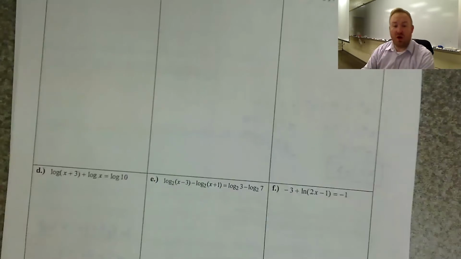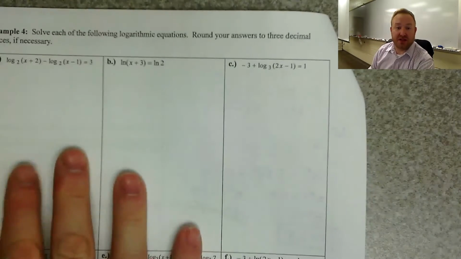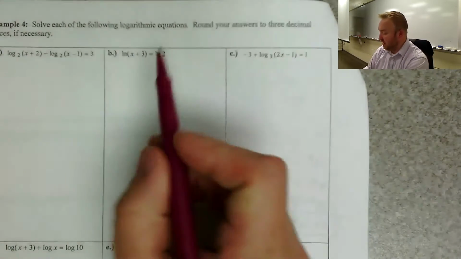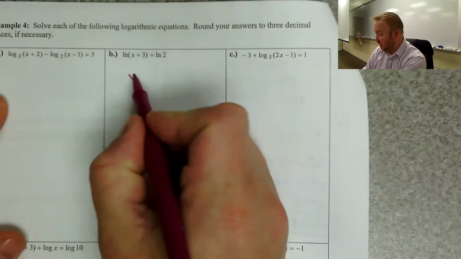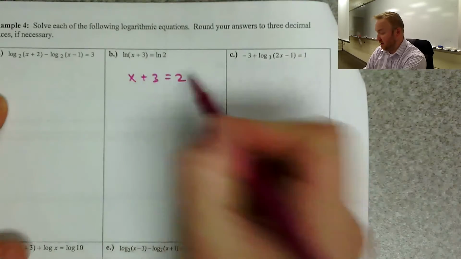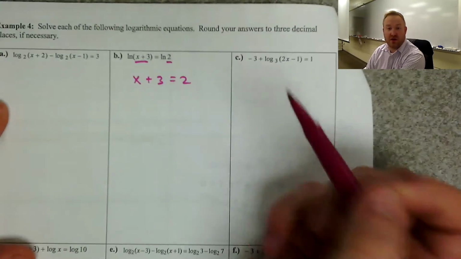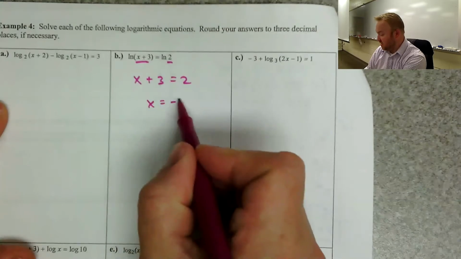All right, on the back page here, we've got a few other equations to solve. And some different stuff's going to happen here. Now, on a problem like B, this is so easy, right? We've already got the two logs equal to each other, and we just state x plus 3 equals 2. If the logs are equal, then the two arguments are equal, and that means that x equals -1.